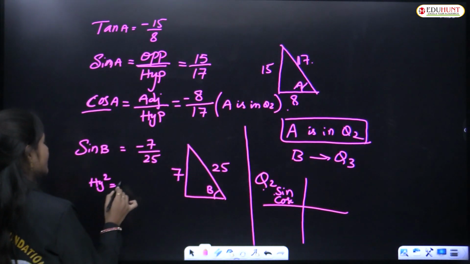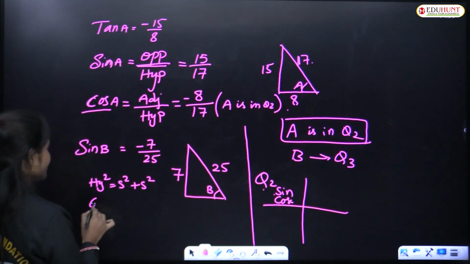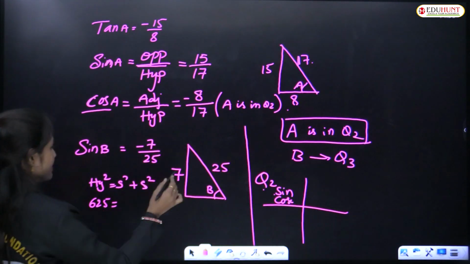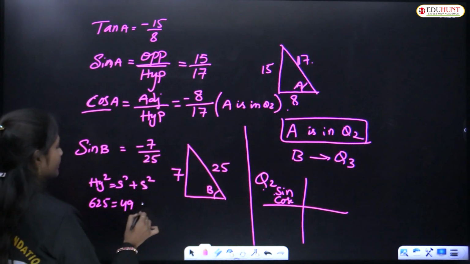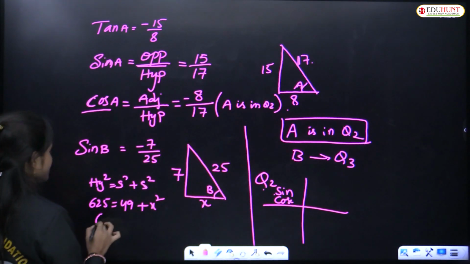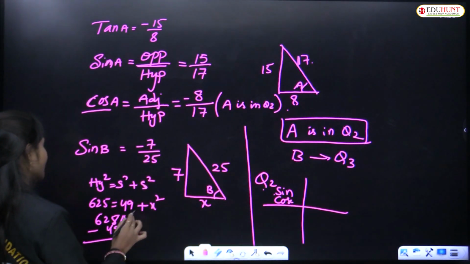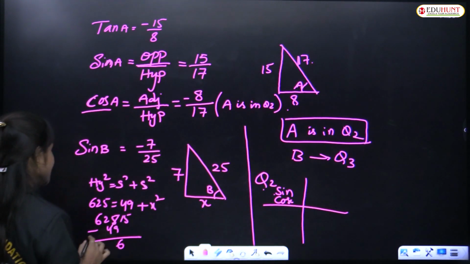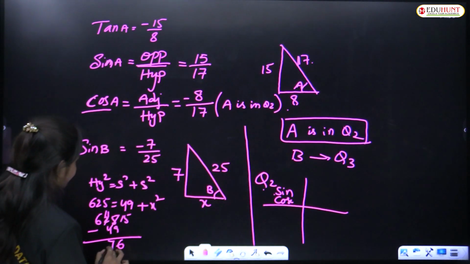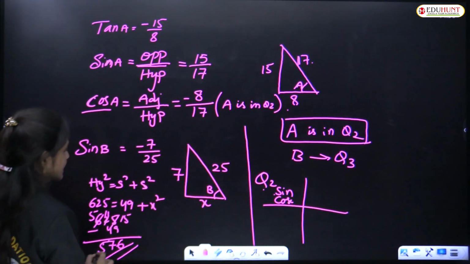So hypotenuse square is equal to side square plus side square. So 25 square is 625. Side square is 7 square, which is 49. Plus the missing side, take it as some x. So x square equals 625 minus 49, which is 576.